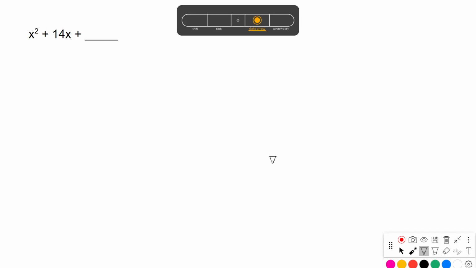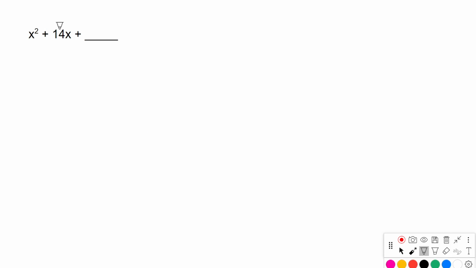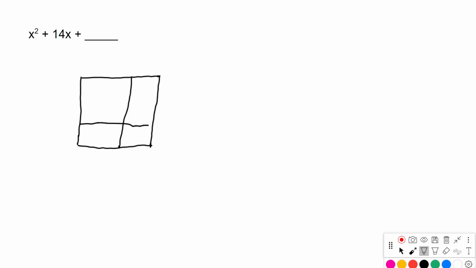The next one I'm going to show you has a larger yet linear term, has 14, and rather than draw each individual unit rectangle, I'm going to show you how you can represent everything without each individual piece. So I am going to make a square that is x by x and has the area x squared.